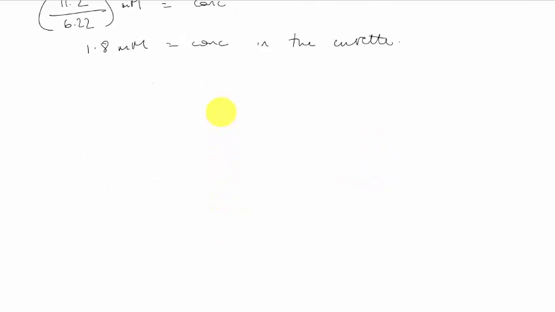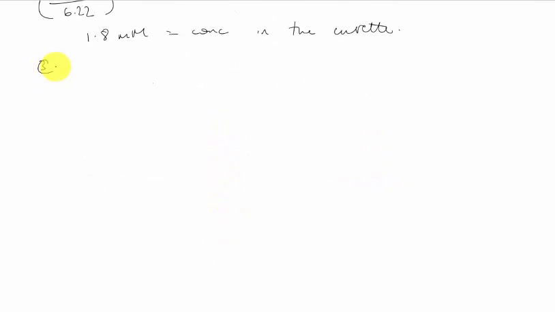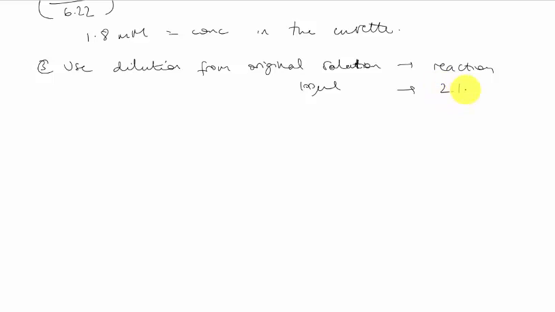But then we need to take into account the dilution from the original solution going into the reaction. So that is 100 microliters volume going into 2.1 mils volume.